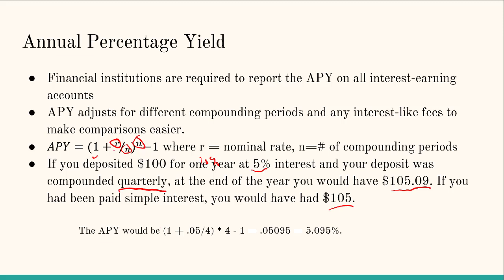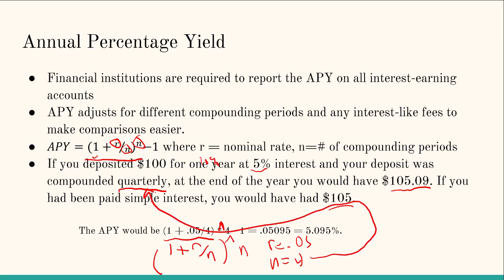Basically, we just used this formula here. We see that it's 1 plus r to the number of periods. So in this case, this should actually be to the n, where r equals 0.05 and n equals 4, because this 4 is coming from this quarterly situation.